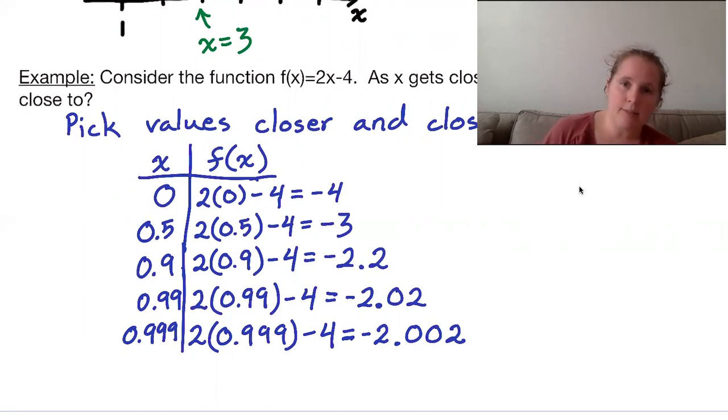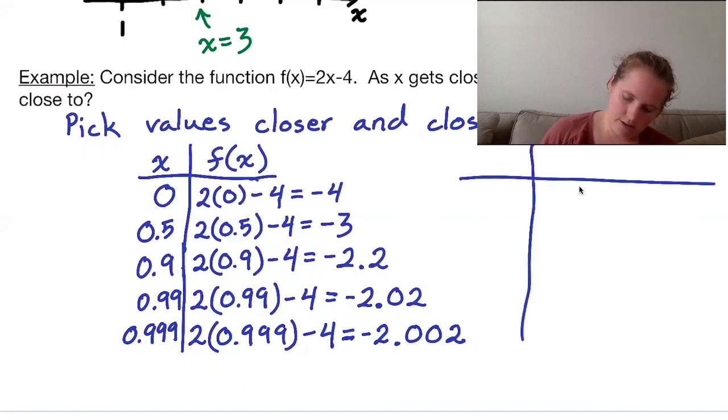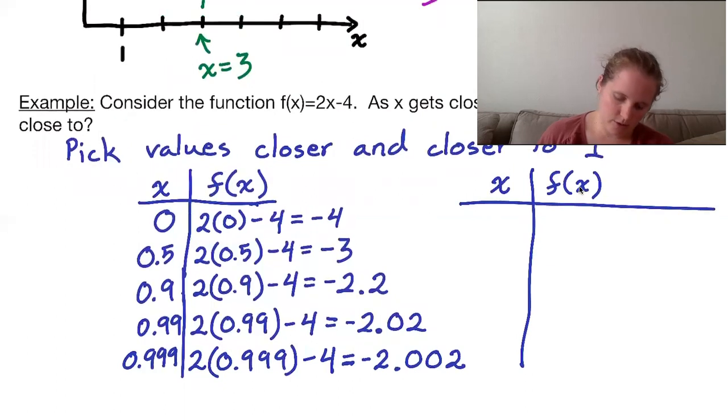If we did the same thing looking at values above x equals 1, let's work our way down, starting with 2, and then 1.5, 1.1, 1.01, and 1.001.